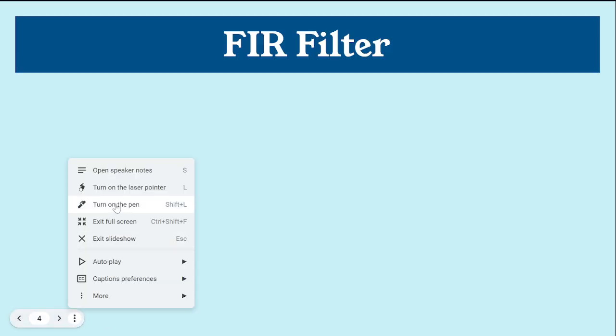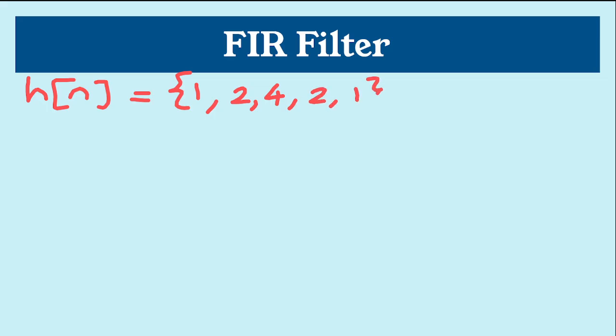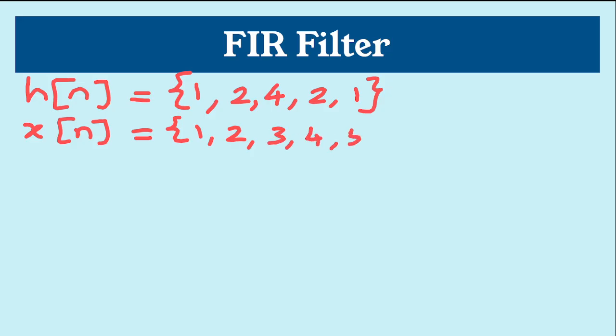Turn on the pen. Our h of n looks like this: 1 2 4 2 1, and our x of n looks like this: 1 2 3 4 5.